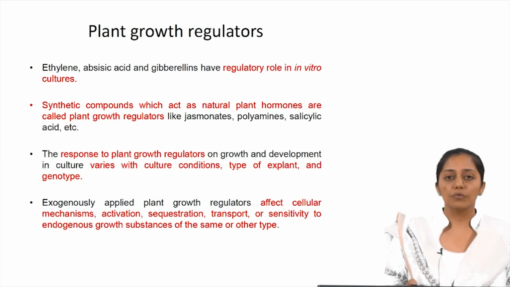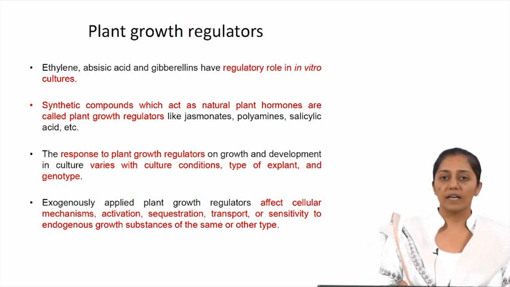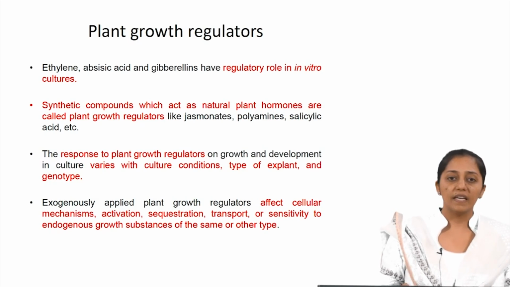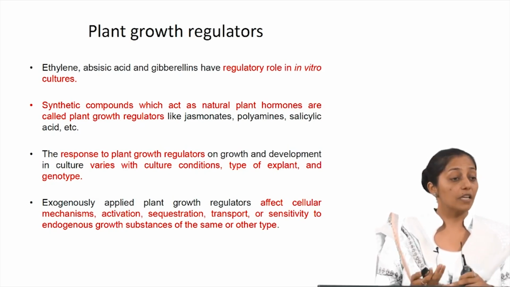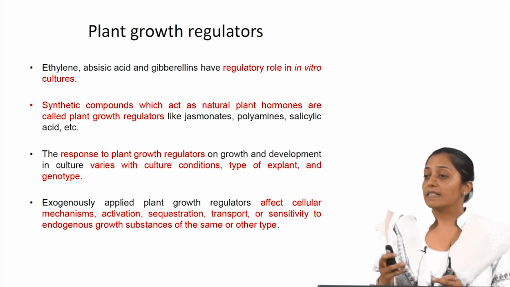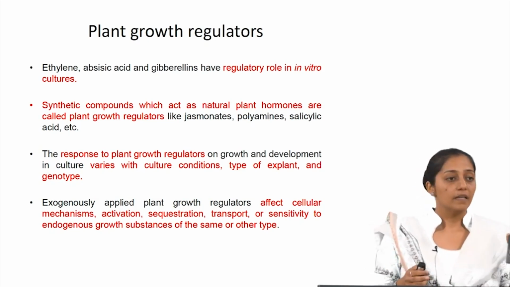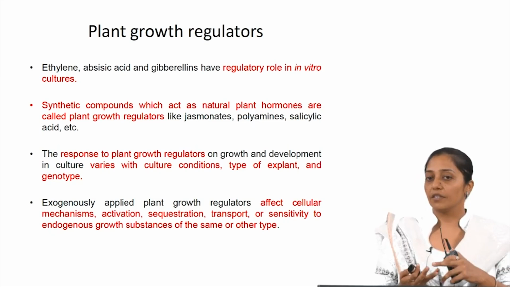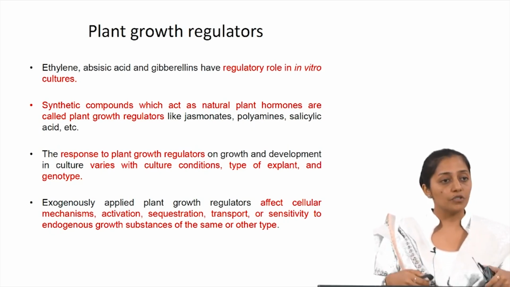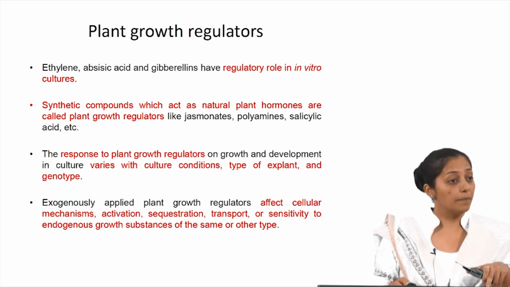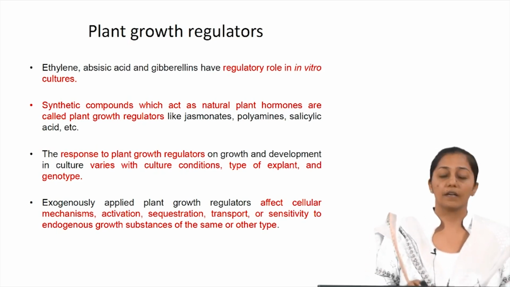So the response to plant growth regulators on growth and development in culture varies with culture conditions, type of explants and genotype. Now exogenously applied plant growth regulators affect cellular mechanisms and, as I said, also the sequestration, activation, transport and sensitivity even towards the endogenous growth substance of the same kind or even of a different kind.